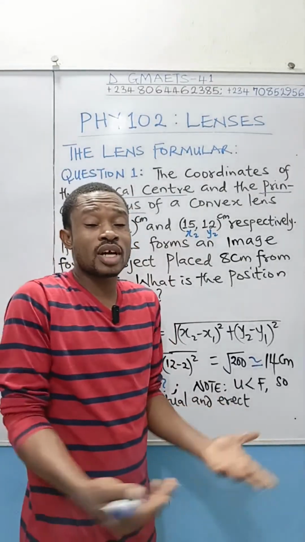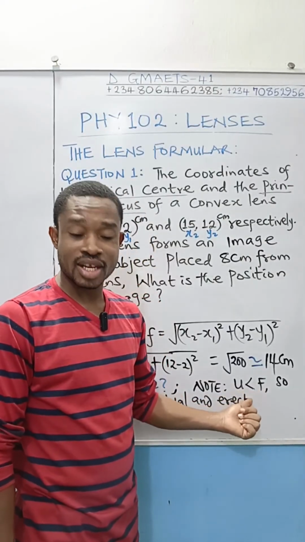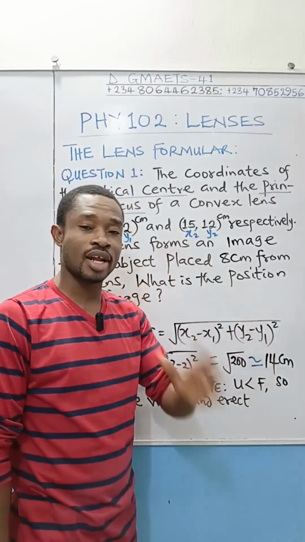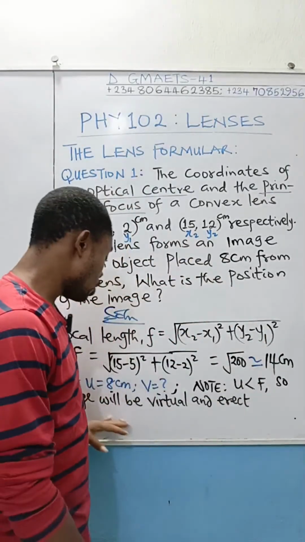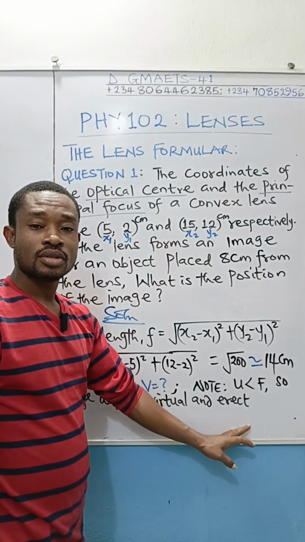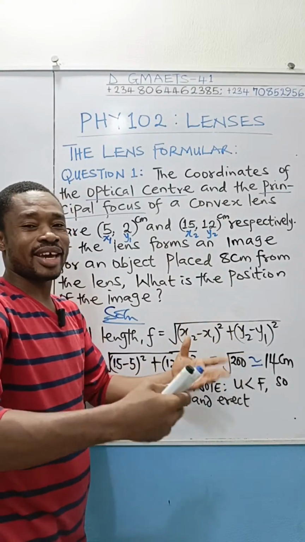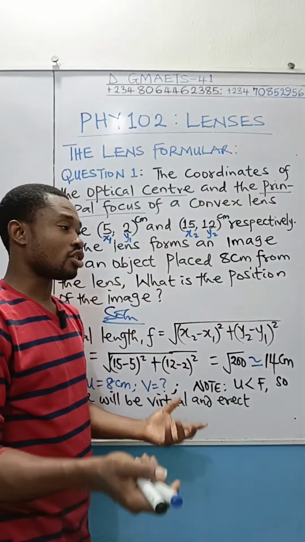How did I know even without solving the question? Because the object position is less than the focal length. With that alone, I have gotten to know the nature of the image. It's just left to solve and get the magnification, whether it is diminished or magnified.